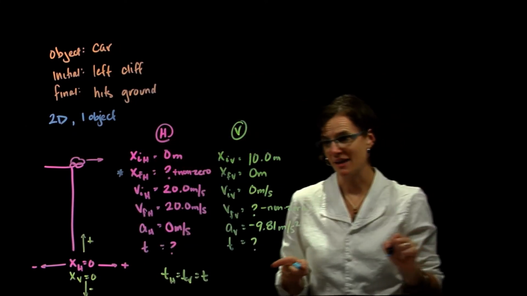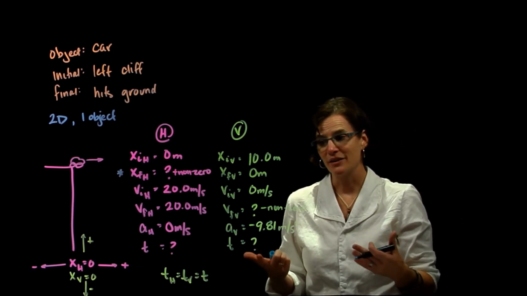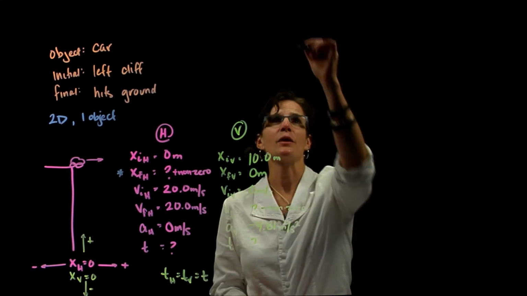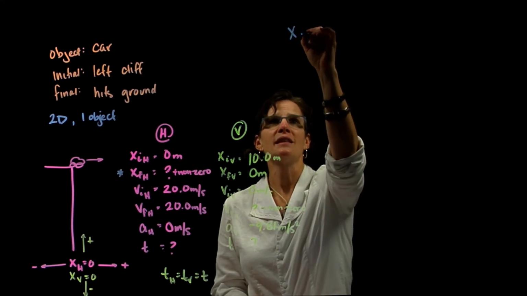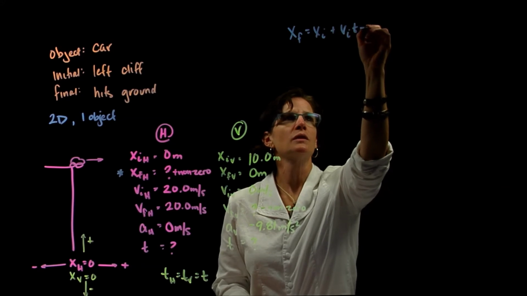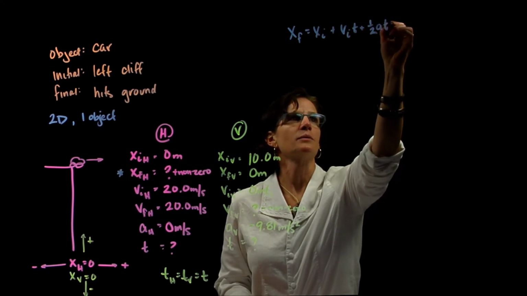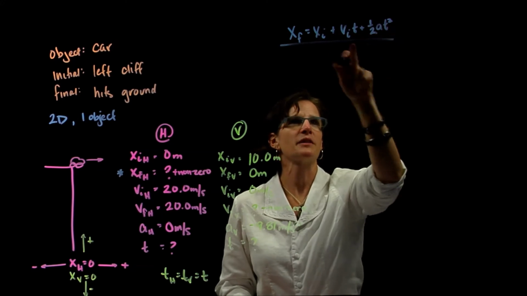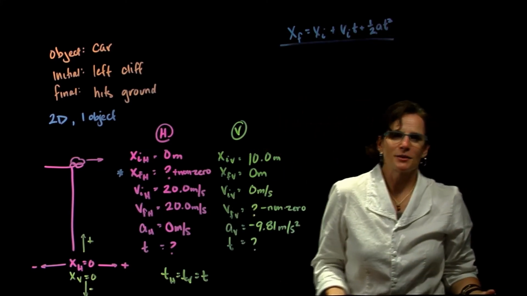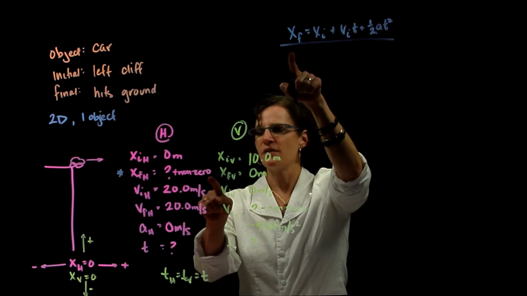Let's start with that. Given x final as a value and an acceleration that's 0, the equation that's going to make sense for us to use is this one, where it tells us x final based on v initial and my acceleration. We know that acceleration is going to go to 0, but let's just follow our process.